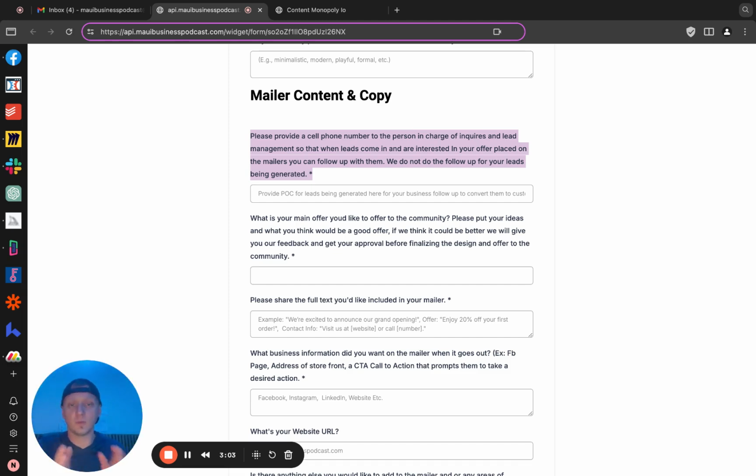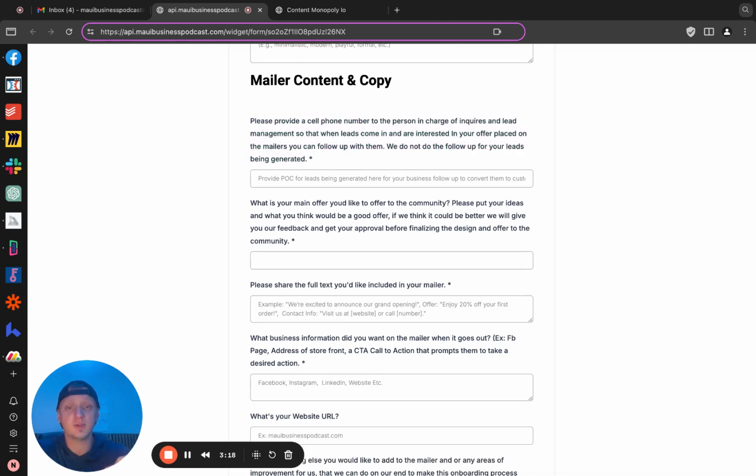Once that QR code is scanned, someone from your company, or you, whoever it is, I need someone who's in charge of the leads being generated, calling them and following up with them, or converting them. It's totally up to you guys to convert the leads. But for the most part, we need a phone number for the person who will be in charge of managing and talking to the leads and converting them.